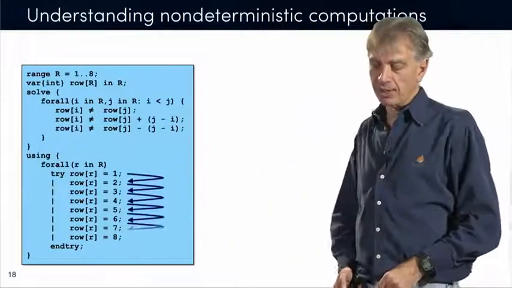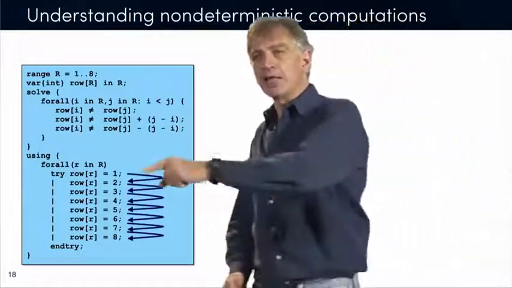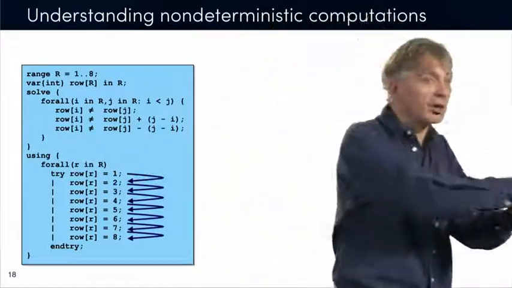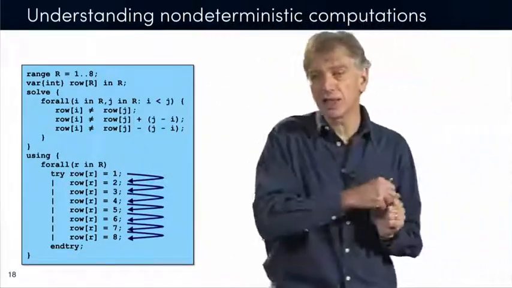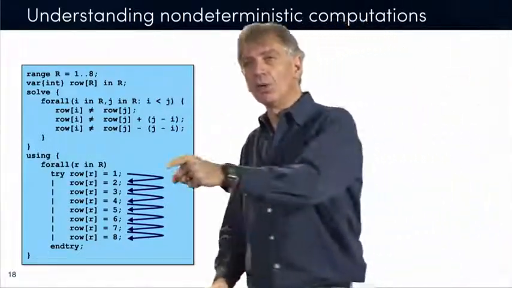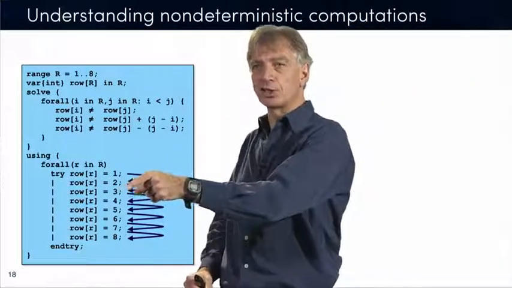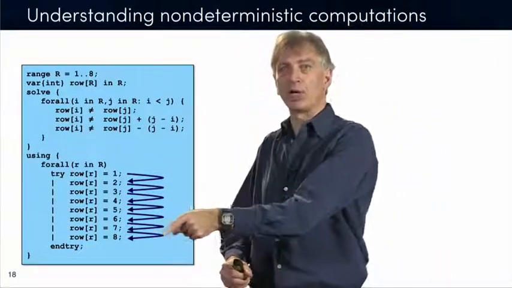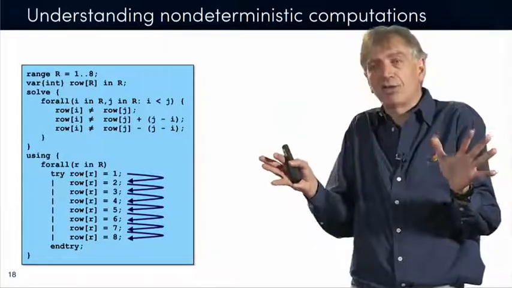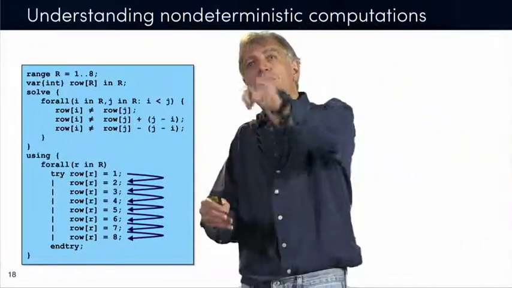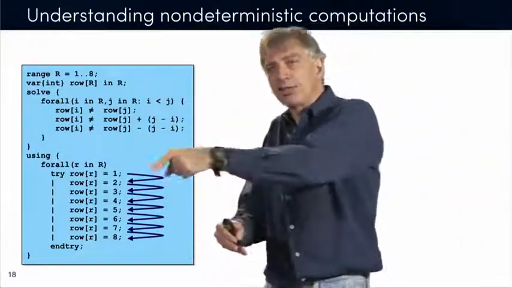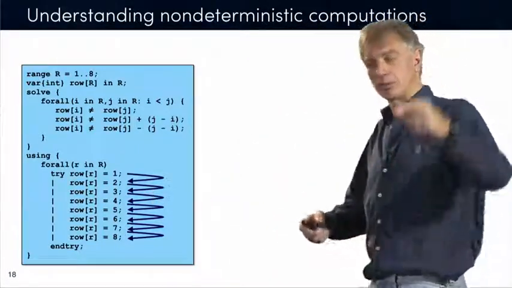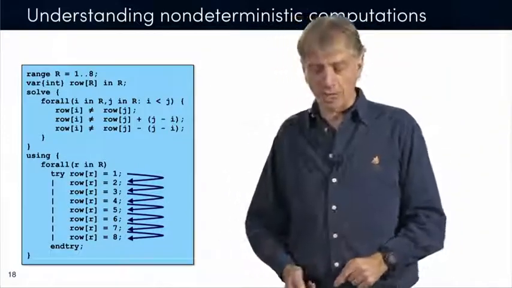If you fail for the value 1, meaning that when you put it inside the constraint system, the constraint system tells you it has a failure, you move to the next instruction in the try and try the second value, and so on until you arrive at the bottom. If none of these values are successful, you go back to a previous trial instruction and select the next try in the list where you had left off at the previous execution of that trial.